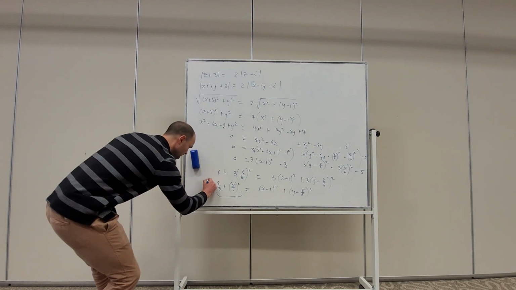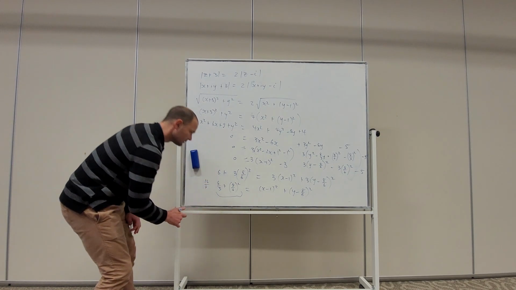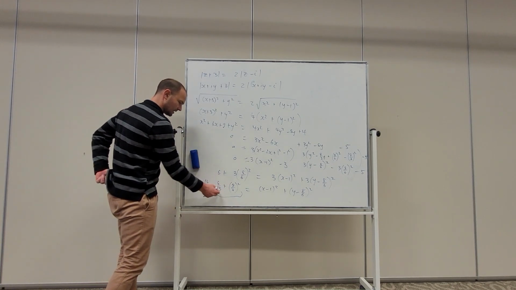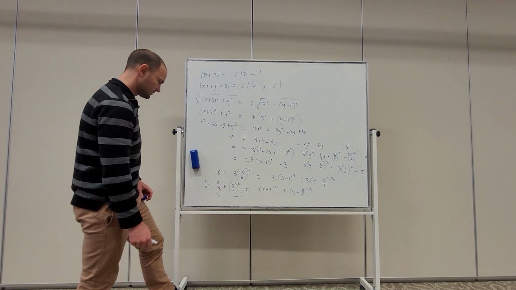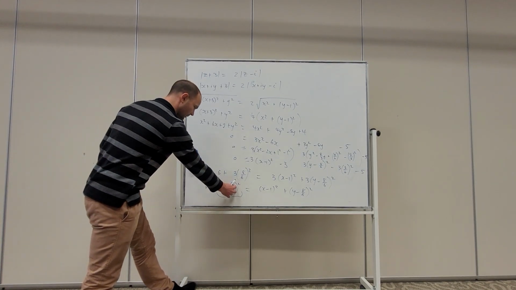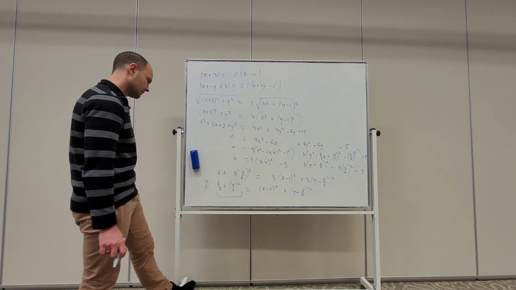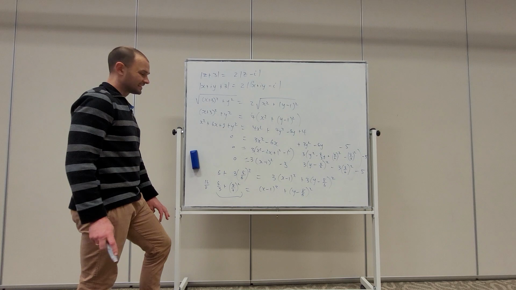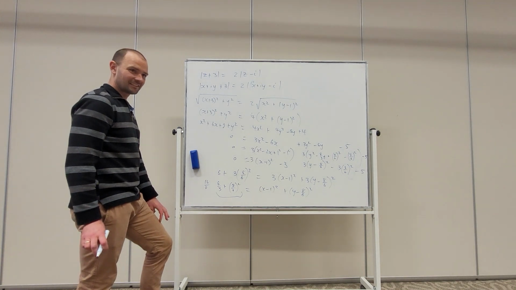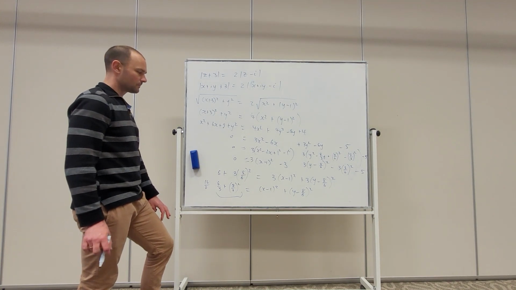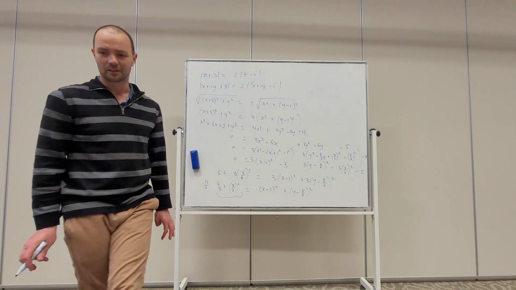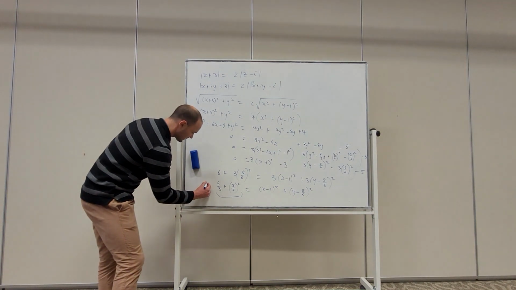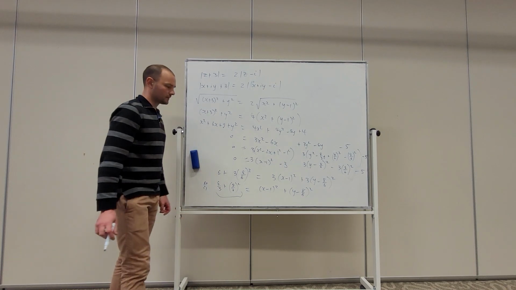Plus 8 on 3. Anyway, what we have here is 88 on 27. What we have here is the equation of a circle.